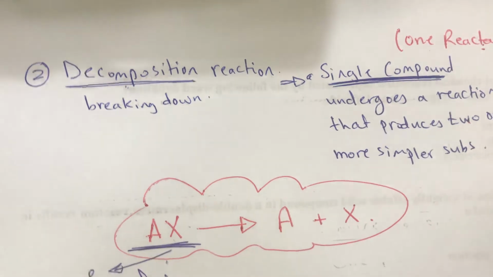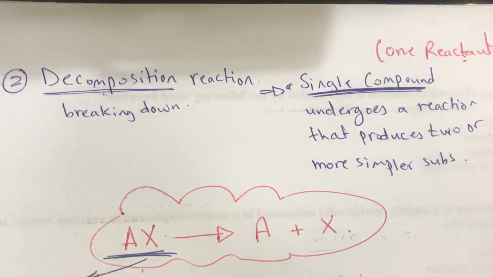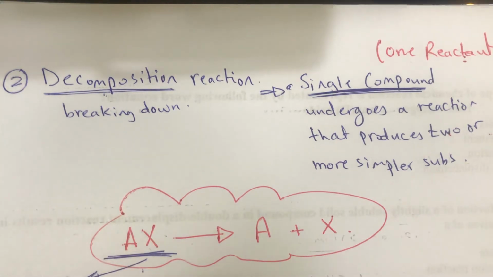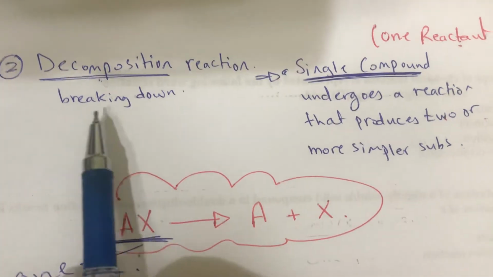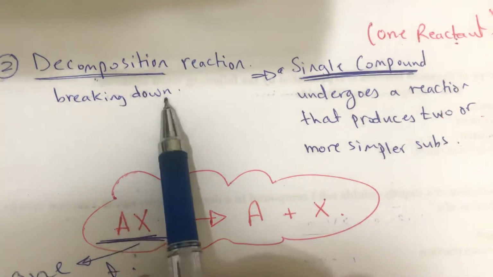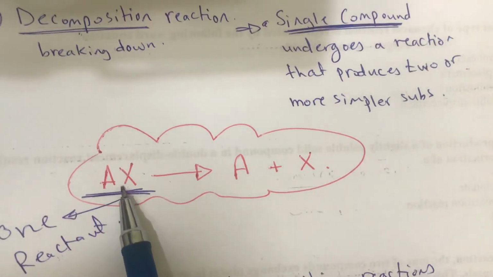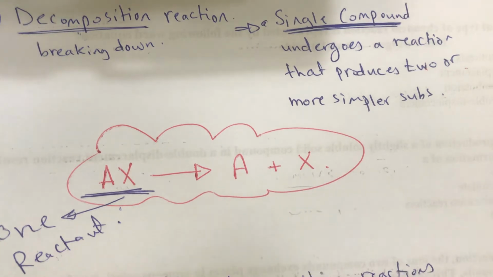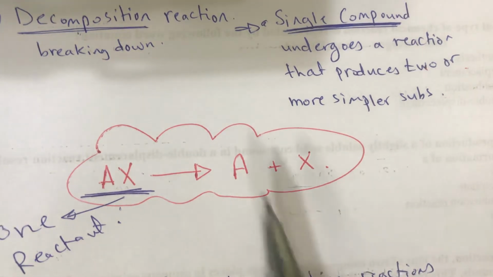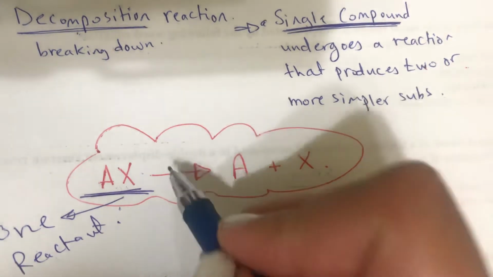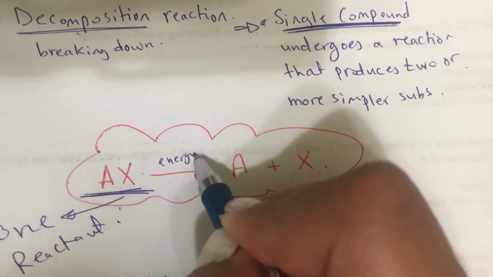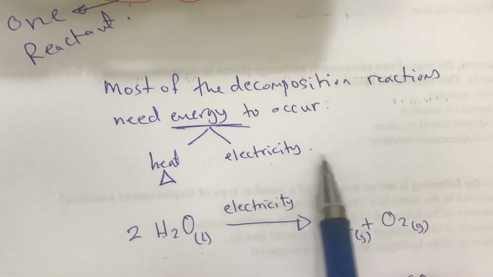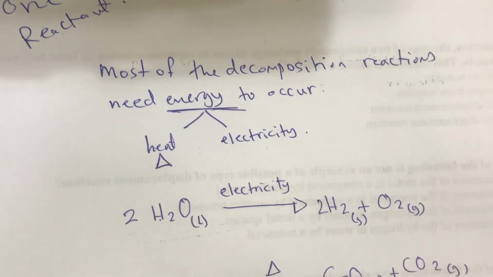So again, the second type of reactions, decomposition reactions, which means breaking down: one reactant decomposed to simpler substances. And these reactions need energy to occur, as heat or electricity.